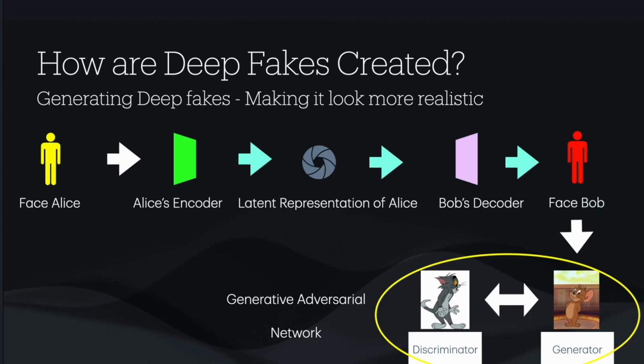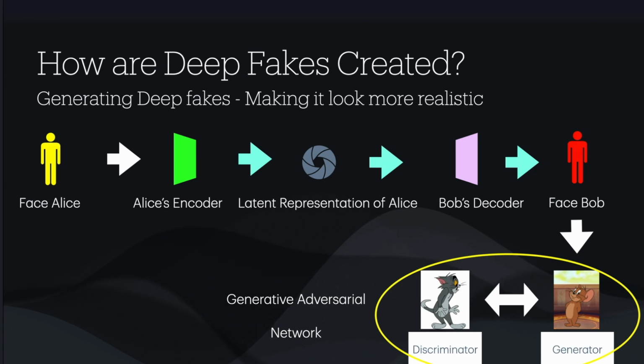Once this has been done, we create a hyper realistic image or video. In order to do that, we use something called a GAN, which is a Generative Adversarial Network. A GAN has two competing networks: one is the generator and the other one is the discriminator, quite aptly represented here with Tom and Jerry.